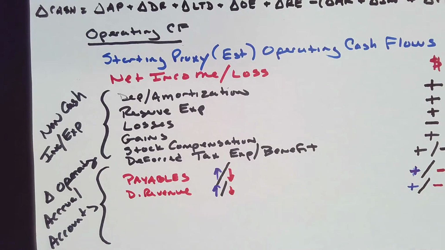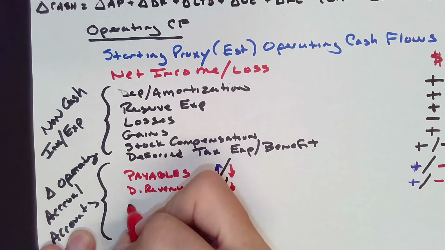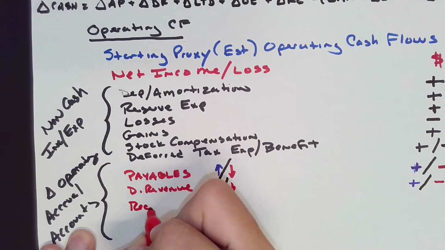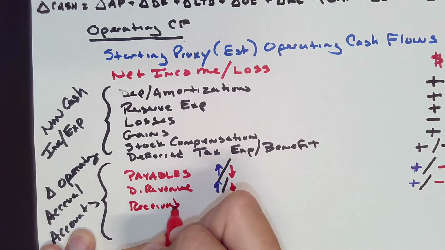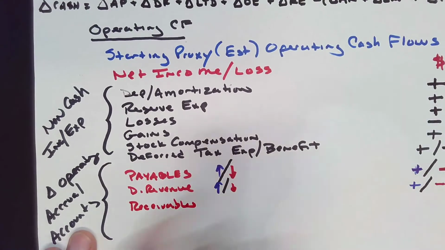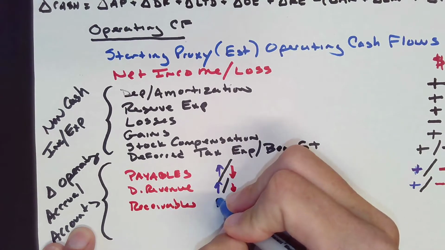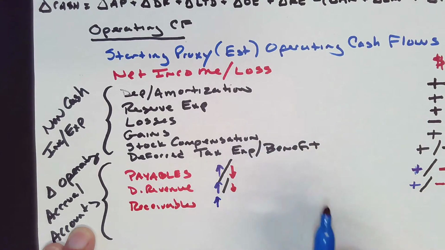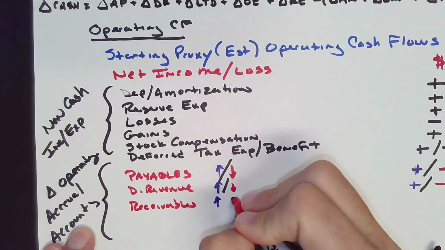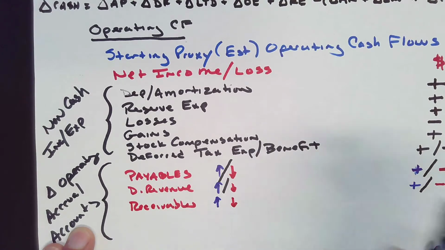Right? So what happens when you have operating assets? So you have receivables. All right, again, we're looking at increases and decreases. Right?